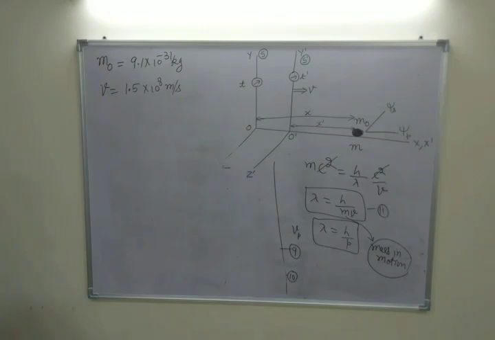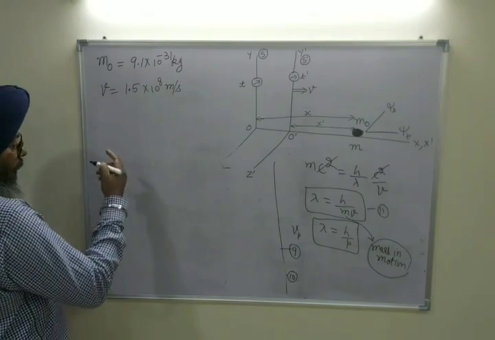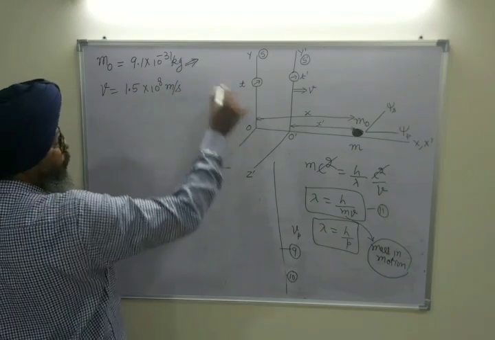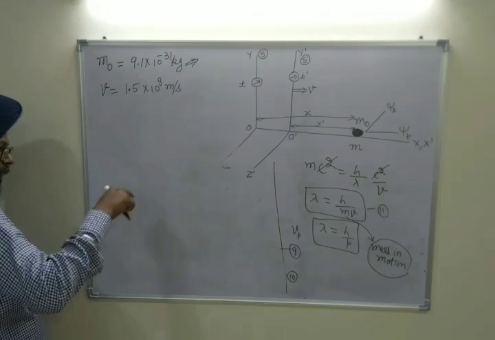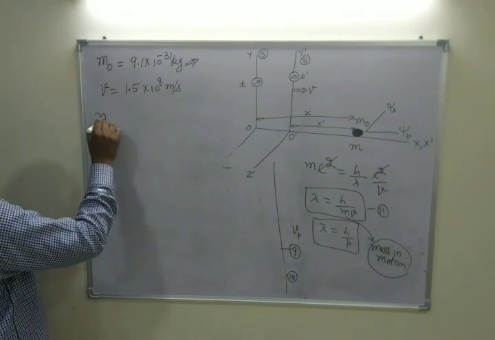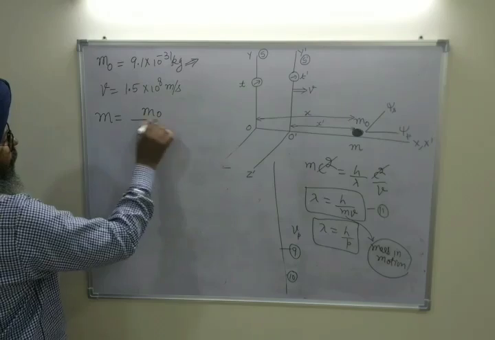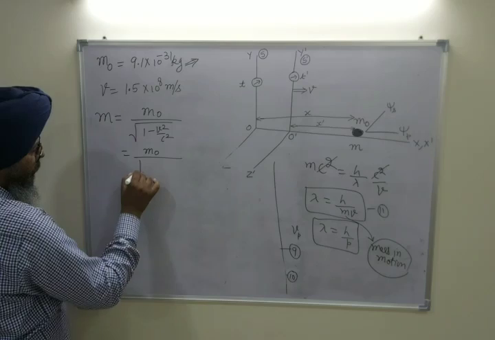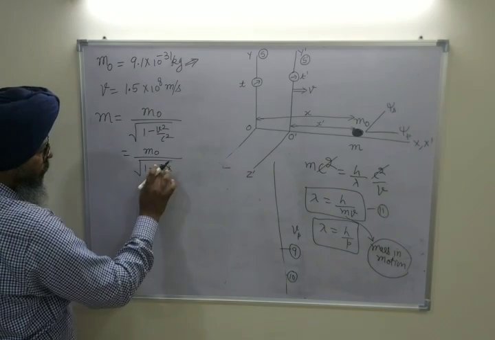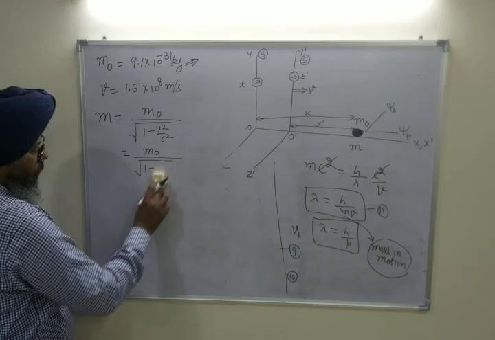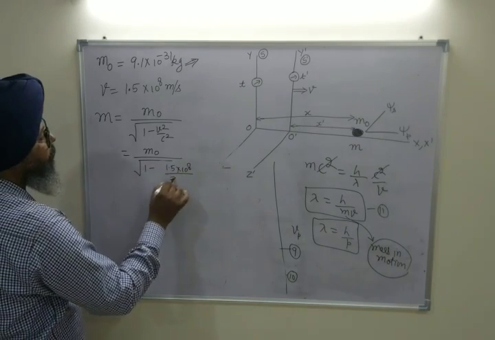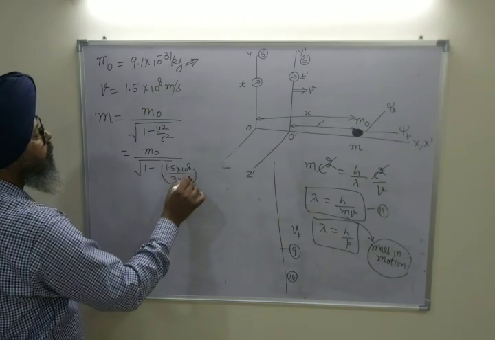Now if I want to find the de-Broglie wavelength of the wave attached with this electron, then I cannot use the rest mass. I have to first find the mass in motion. That will be given by m is equal to m0 divided by square root of 1 minus v square by c square, which will be equal to m0 divided by square root of 1 minus, it's not 3, it is 1.5 into 10 raised to power 8 upon 3 into 10 raised to power 8, whole square.